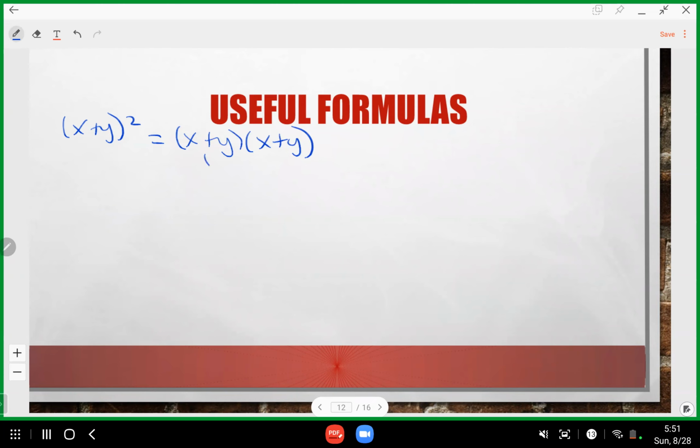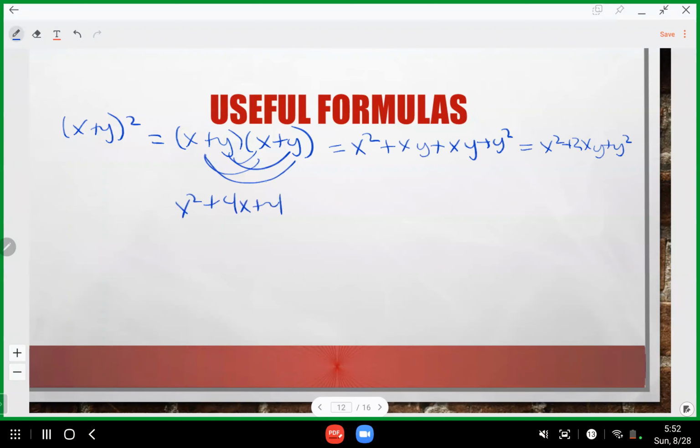If you multiply these terms using the distributive property, you get x squared plus xy plus xy plus y squared. So therefore you get x squared plus 2xy plus y squared. In an example without y, x squared plus 4x plus 4 is essentially just x plus 2 squared.